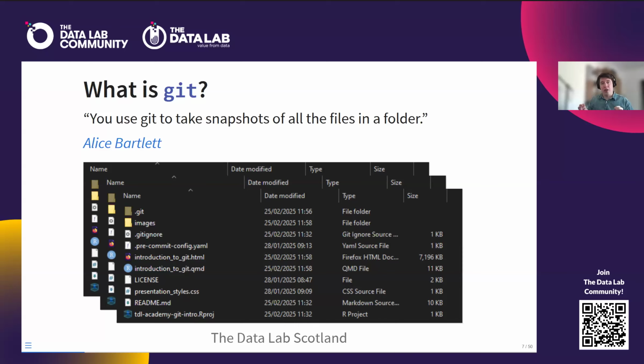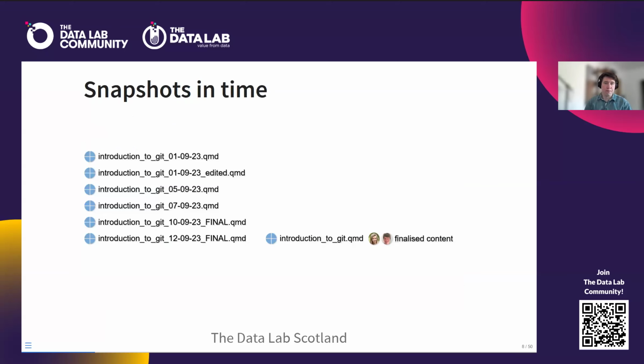And the reason why that's particularly valuable from a coding perspective is because while our files are changing, we can annotate those changes. We can annotate those snapshots to tell ourselves and other users of our code base what the changes we've made at a particular time are doing. And we'll touch on that in a little bit more detail. But yeah, so Git is a version control tool, like many of the other tools we're familiar with, that takes snapshots of files in a folder.